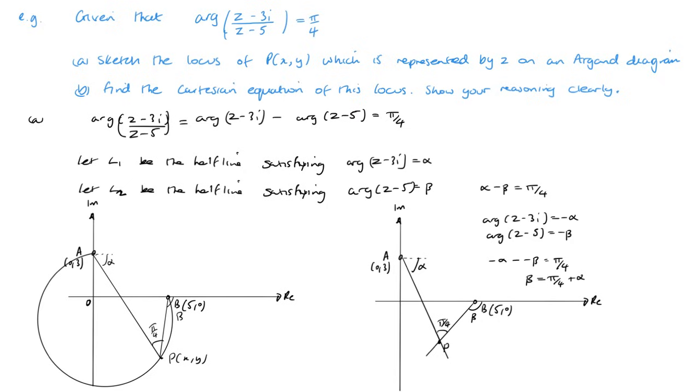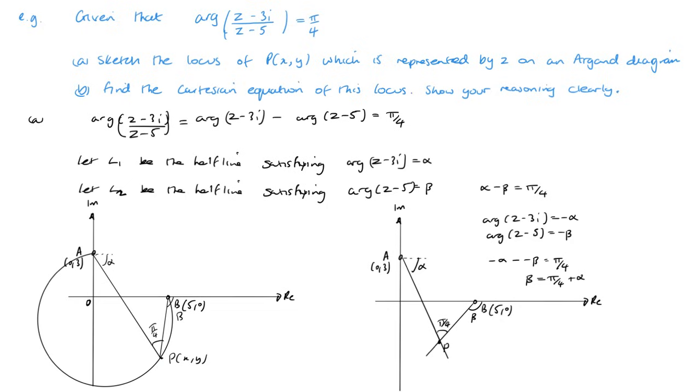And then as this moves around, the ratios will change, alpha and beta will change, but pi by 4 will remain the same. And in this scenario, beta will be equal to pi by 4 plus alpha. All you need to know really when you get these is whether it's going to be above here or below there.